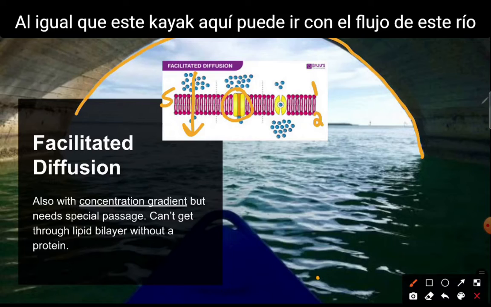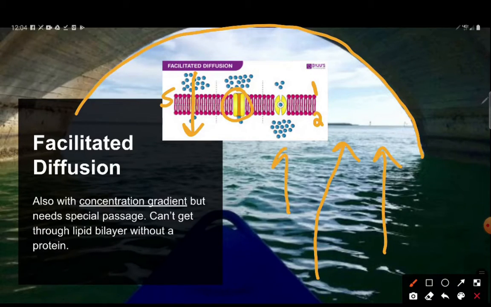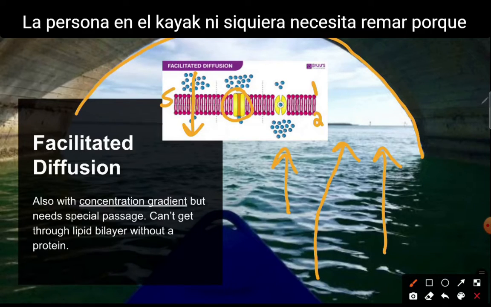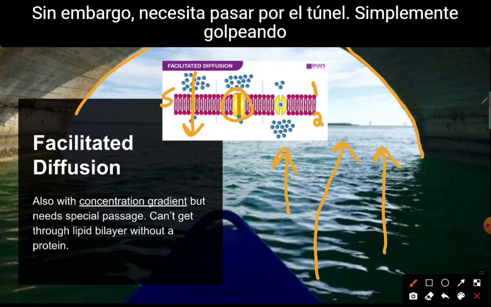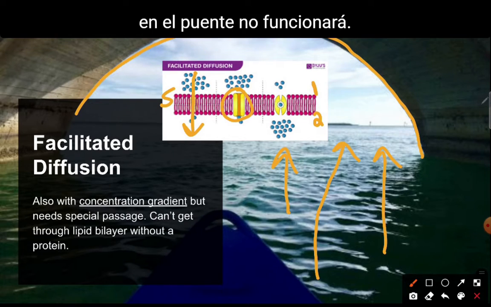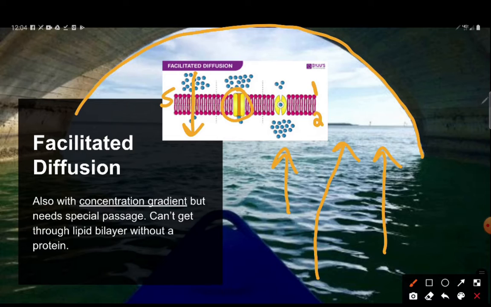Much like this kayak here can go with the flow of this river to go through this tunnel. The person in the kayak does not even need to paddle because he is going with the flow. He does, however, need to go through the tunnel. Simply smacking into the bridge will not work.